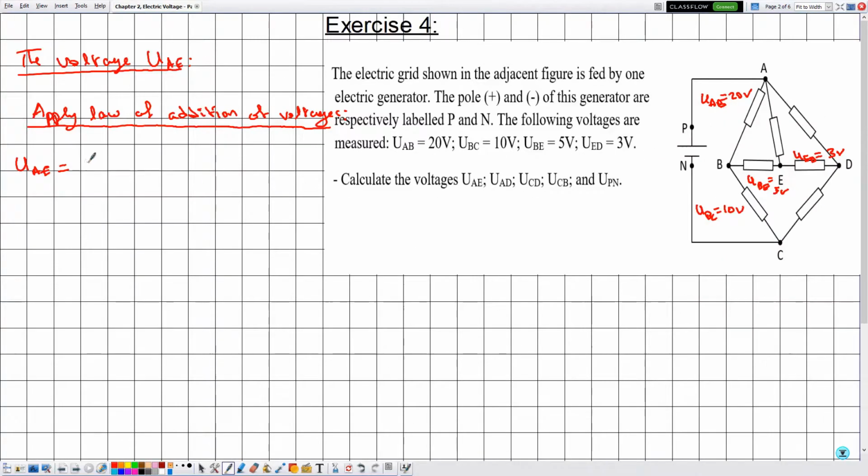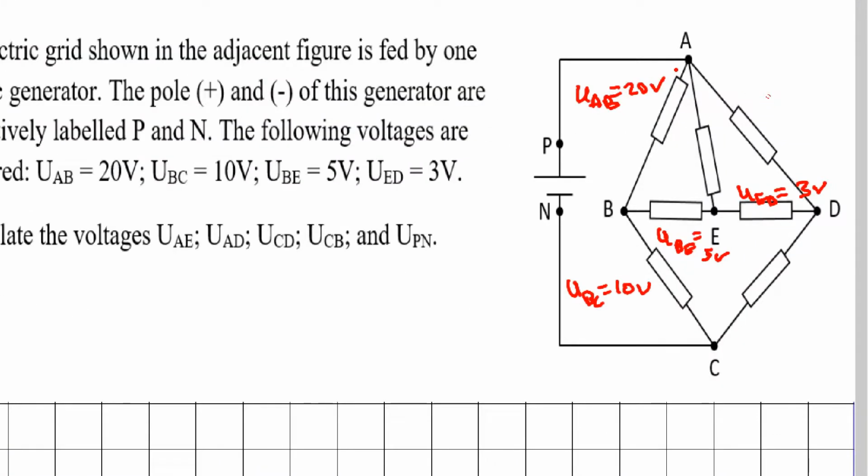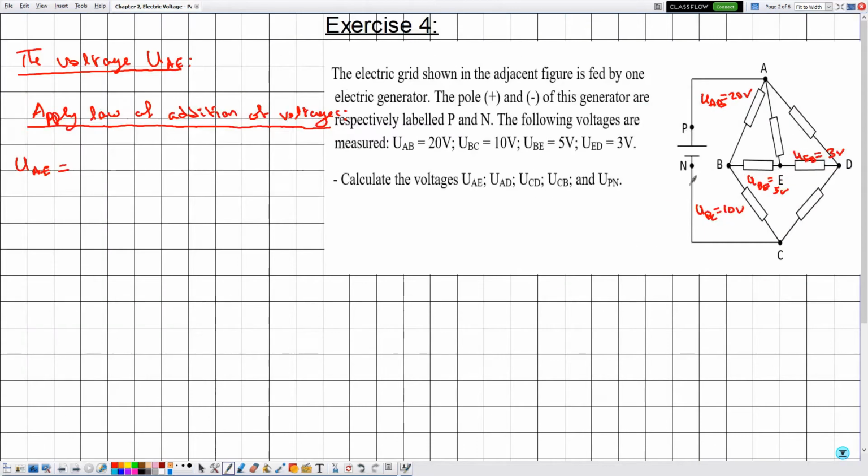So on the right hand side of this equation, we'll go from A to the point E across different electric components such that we know their potential difference or their voltage. So from A we can go to B because we know UAB is equal to 20 volts, and from B we can go back to E because UBE is equal to 5 volts. So let's insert the point B, then we have UAB plus UBE.